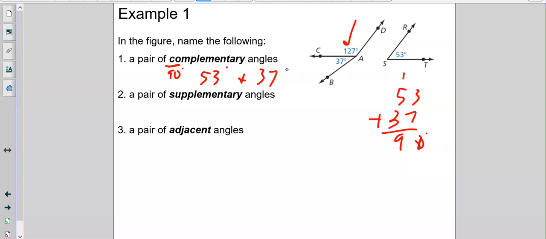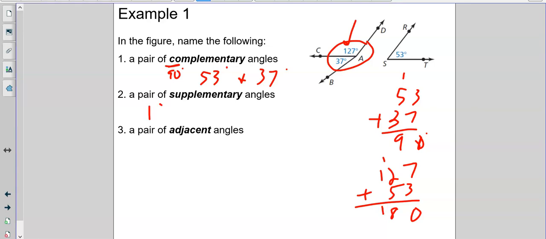Now supplementary. Obviously, these two do not add up to 180 because they don't form a straight line. And we know 37 and 53 don't add up to 180. They add up to 90. So there, again, there's really only one choice, but let's confirm that these two add up to 180, which they do. So that would be 127 and 53 degrees.